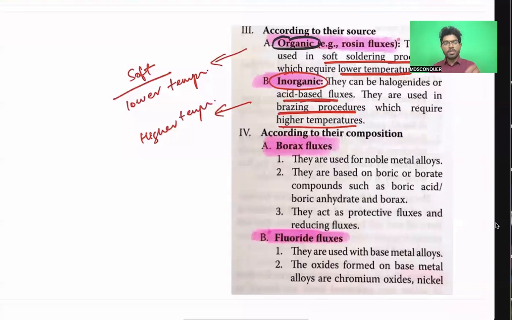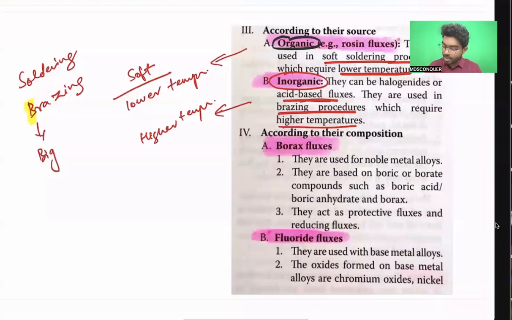Can you tell me what is the difference between soldering and brazing? How I simply remember it is B for big.